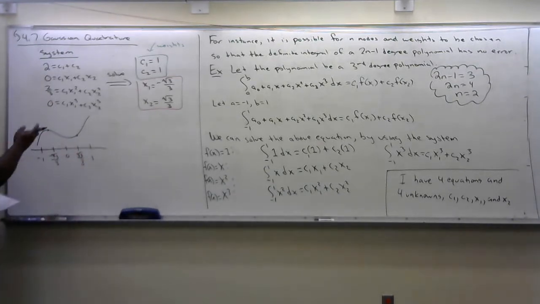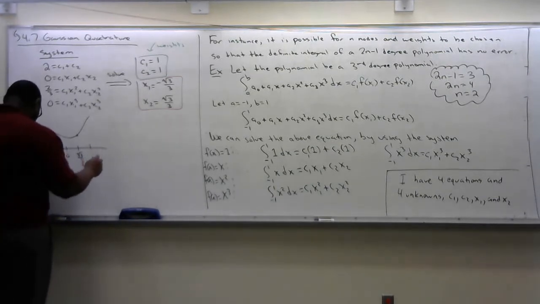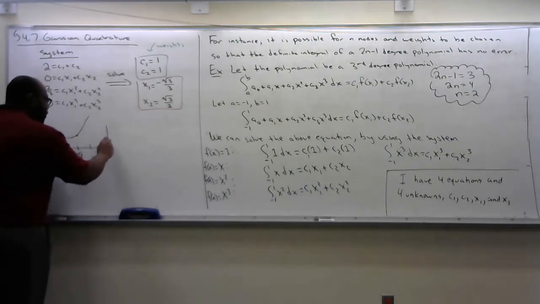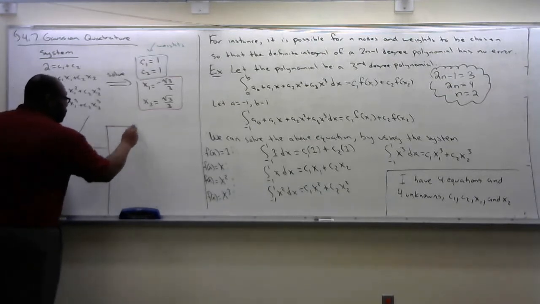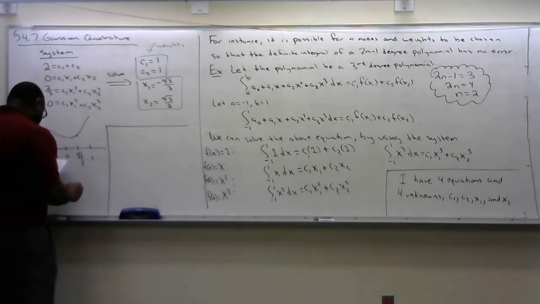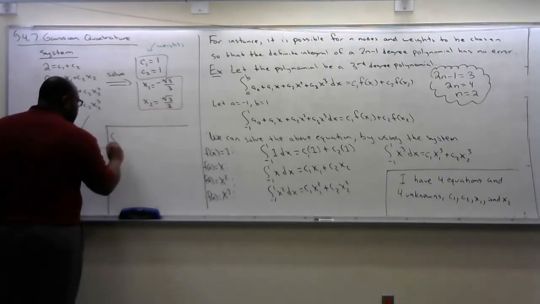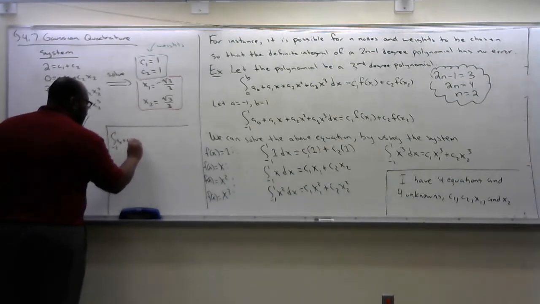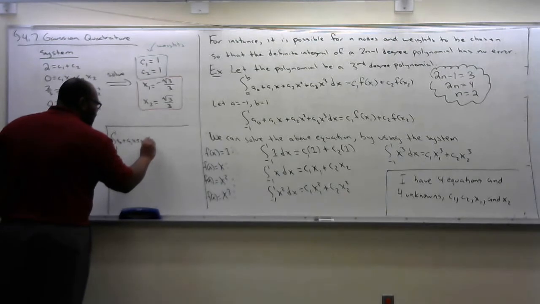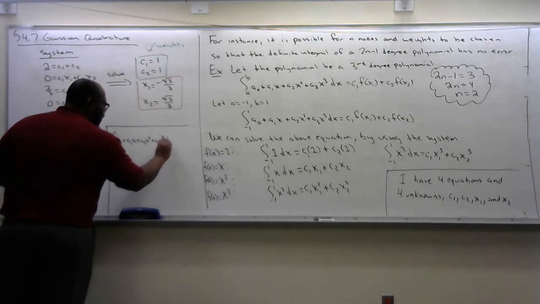Before we put that example, so we have our first quadrature. I'll put it here. Integral from -1 to 1 of A0 plus a1x plus a2x squared plus a3x cubed dx.